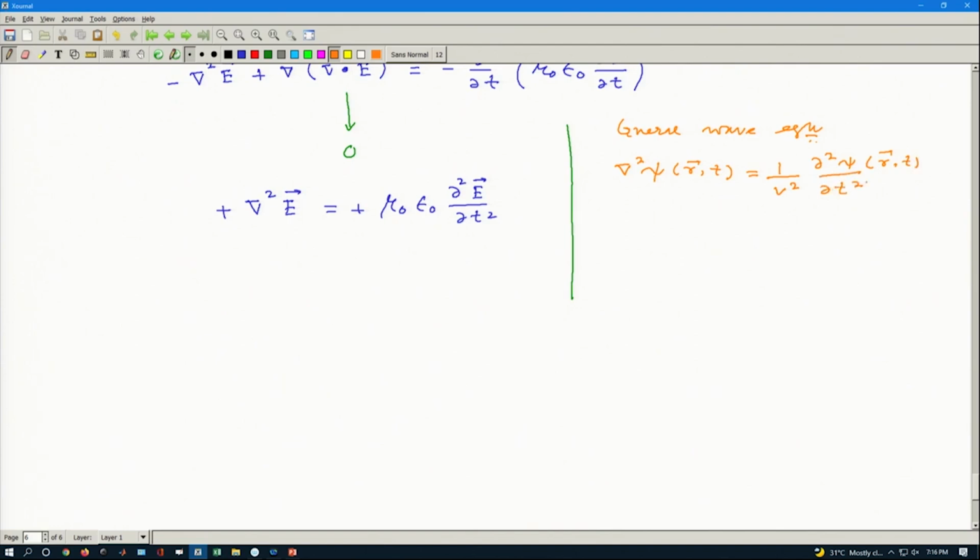That was the wave equation we discussed earlier, where v was the velocity.